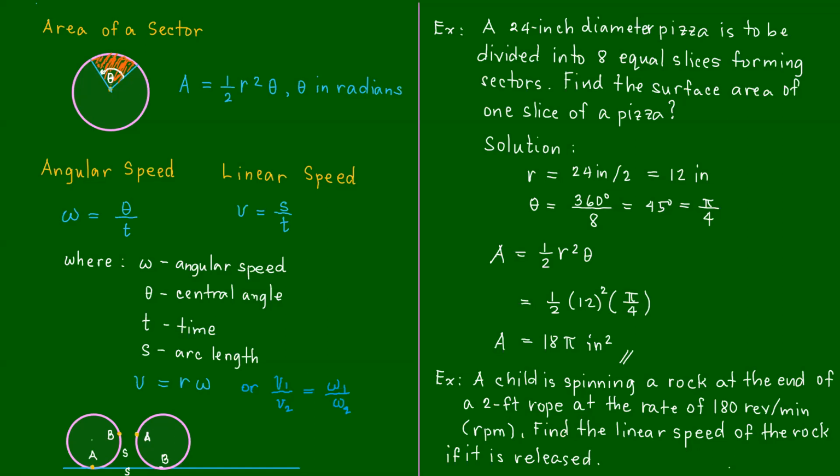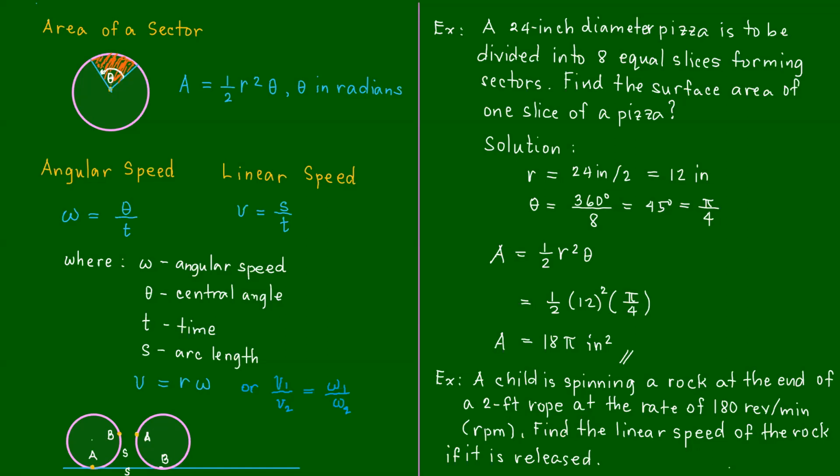R is 24 inches divided by 2 because the diameter is 24, so the radius is 12 inches. Theta in radian measure is pi over 4, that is 360 degrees over 8 because we divide by 8. So the central angle is pi over 4 or 45 degrees. That is the angle of one sector. After all, they are equal to each other, so you can take just one of them.